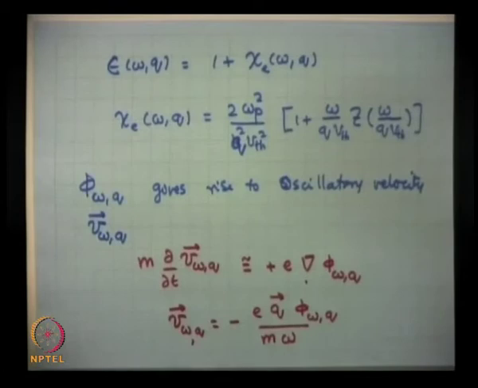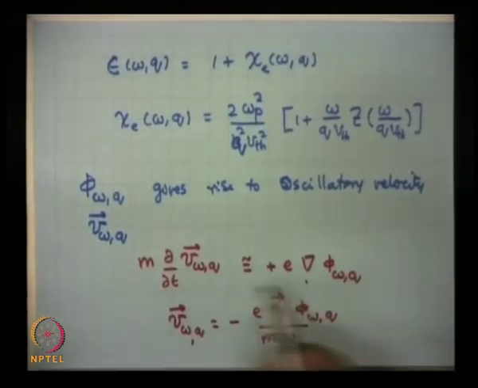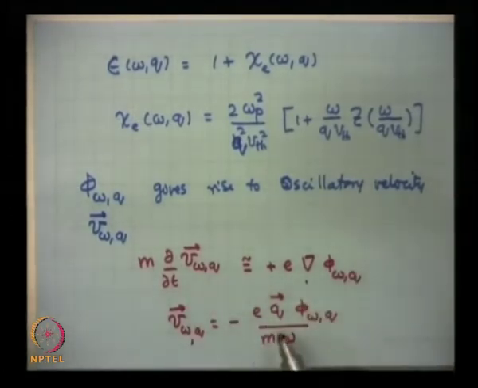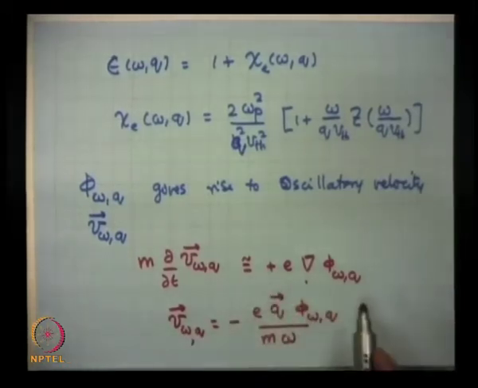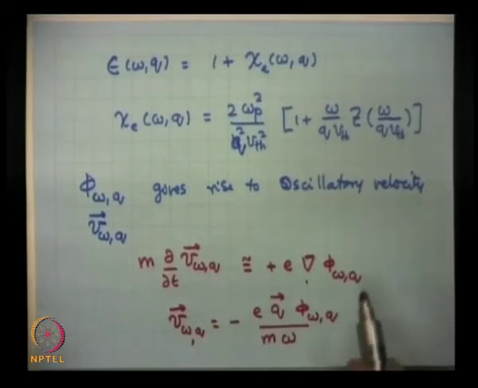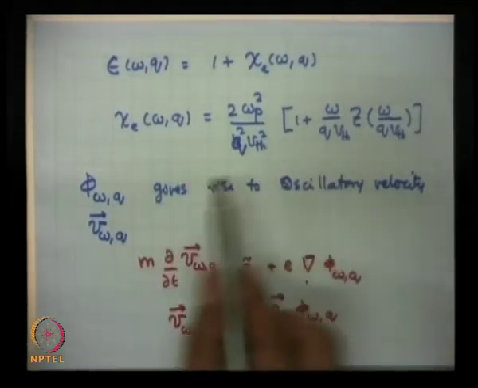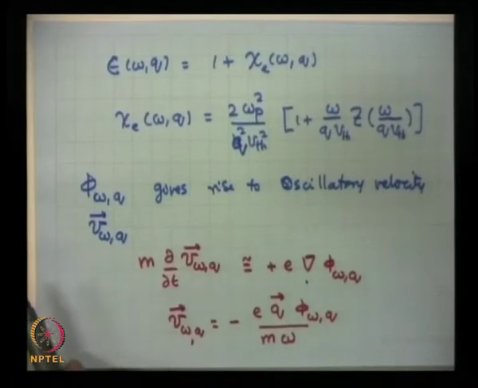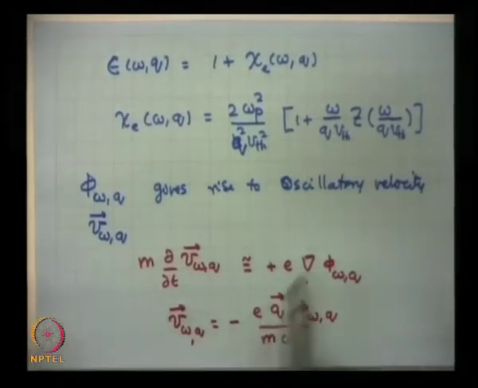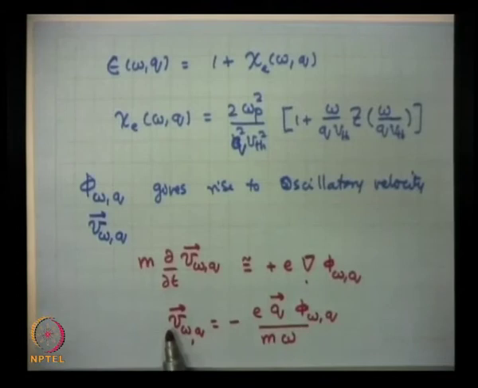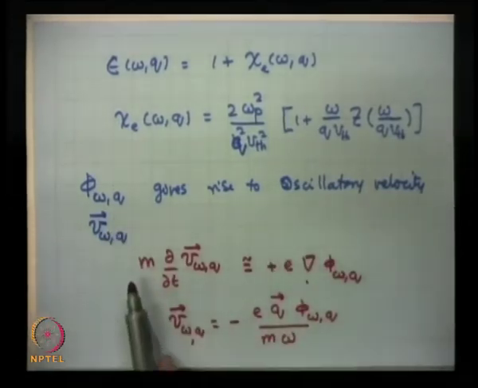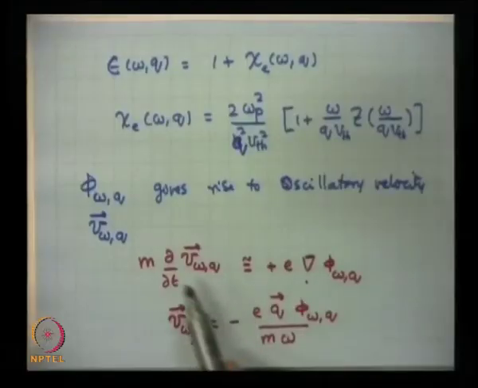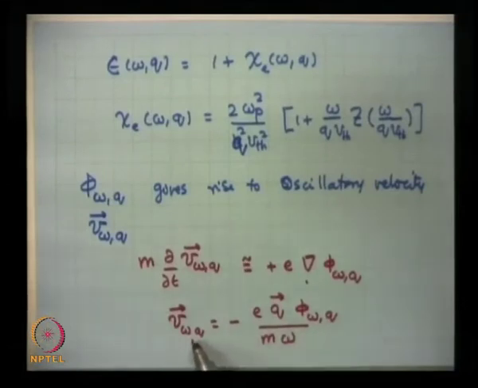You may note that these equations are really very simple equations, though I am using a number of them. 4 or 5 equations I am using, and I am also borrowing an expression from kinetic theory for electron susceptibility. But then in terms of susceptibility, one can easily write phi omega q that I did earlier, and using phi omega q I can write the electron velocity.